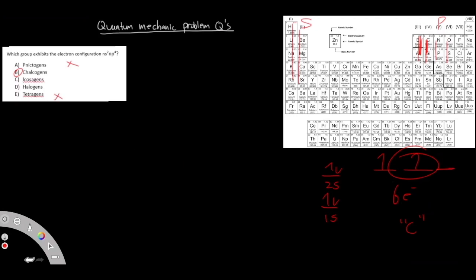We need to add 1 here as well, and 1 here as well, because we need 2 here, 1 here, and 1 here to add up to 4. So if you were to count them all up, 2, 4, 6, 7, 8, that will give you 8 electrons. So that would be oxygen. So oxygen here would be that family. So that's how to prove it in long layman's terms, but hopefully you understand the concept.